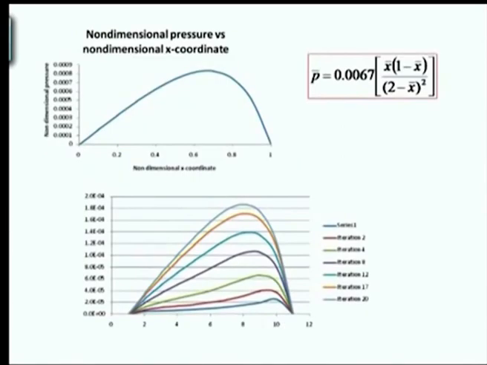When we do that, we get a pressure profile something like this. This is simple: just substitute the value, get the pressure value, no iteration. In one iteration we are getting solutions.